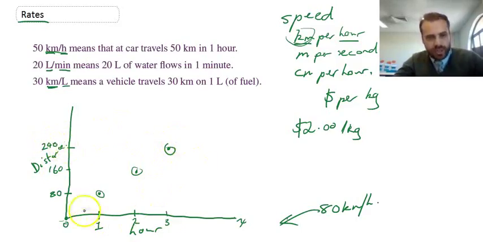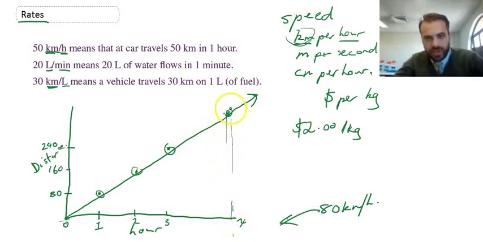Now we can draw a line here that represents this rate. And we can pick any point on that line, and it'll tell us either how long we've been travelling for or how far we've travelled. So there's a graphical representation, I suppose, of what a rate really is.